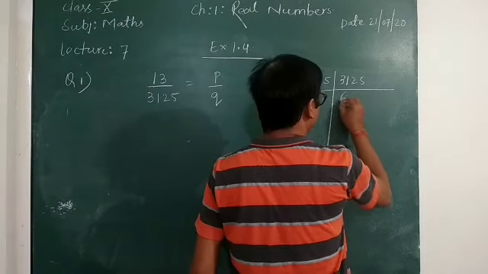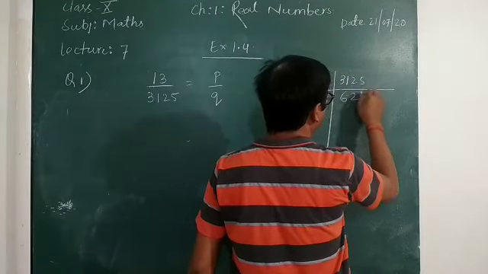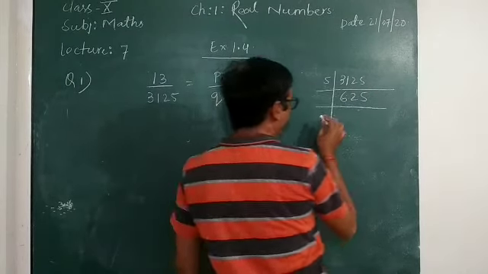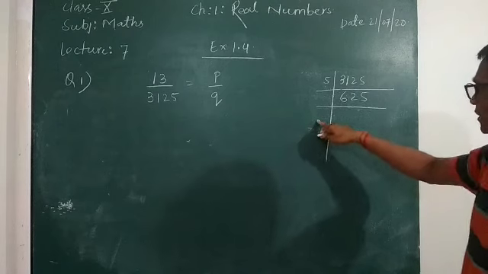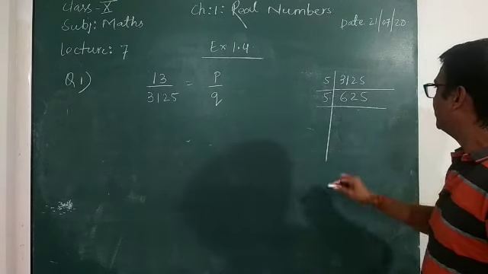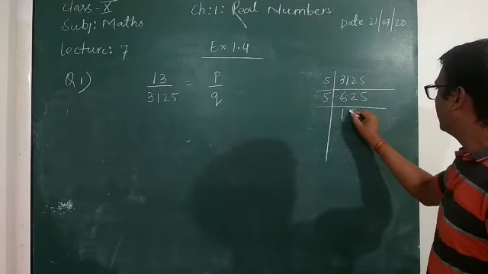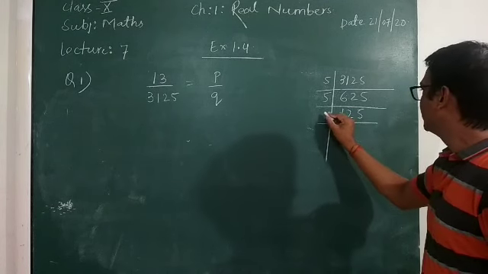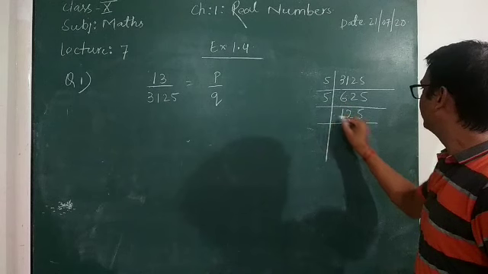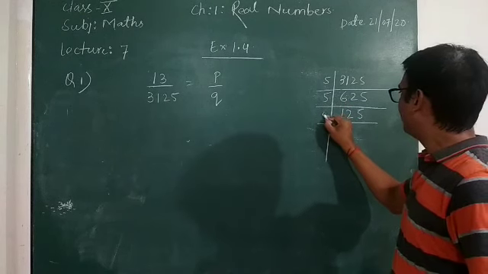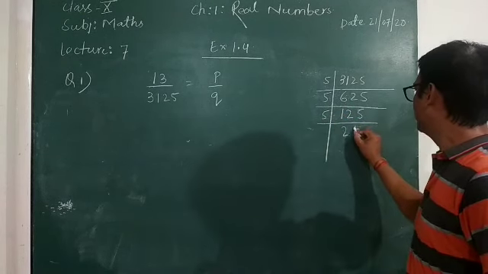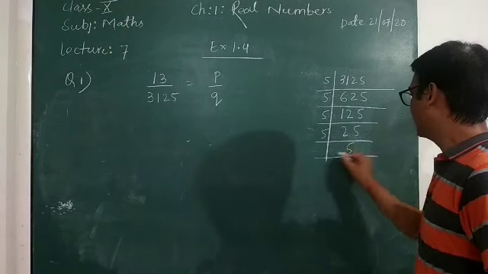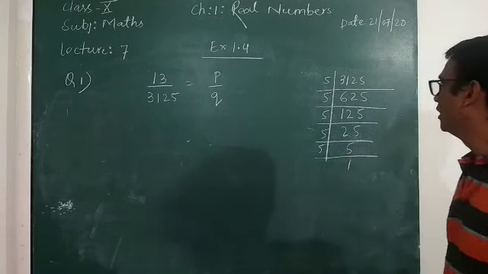So 5 into 625. Again, this can be divided by 5, giving 125, then 25. Again it is divisible by 5, giving 5 and then 1.